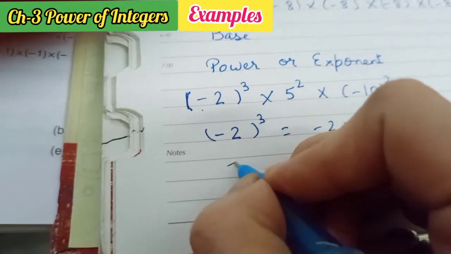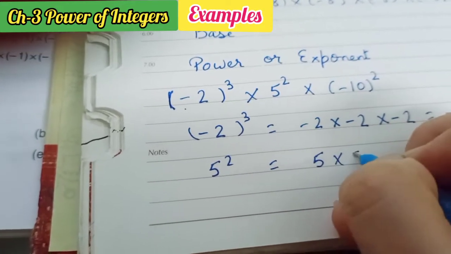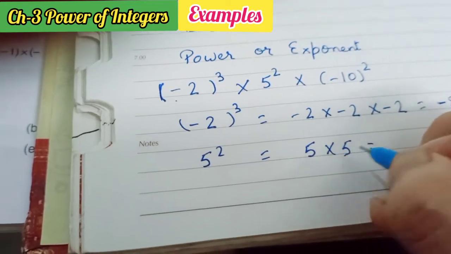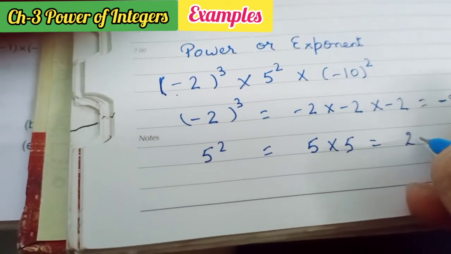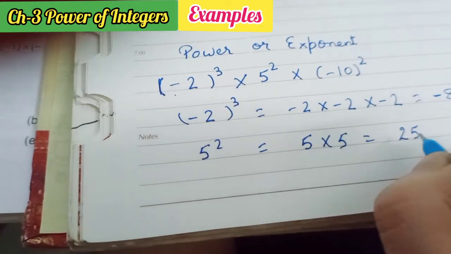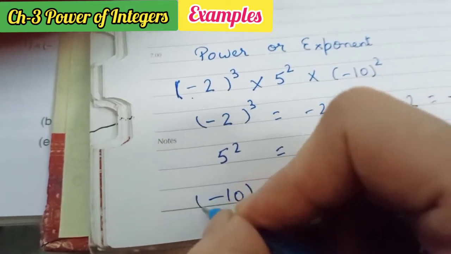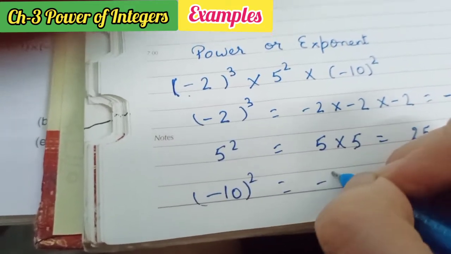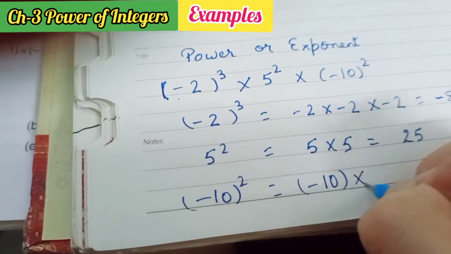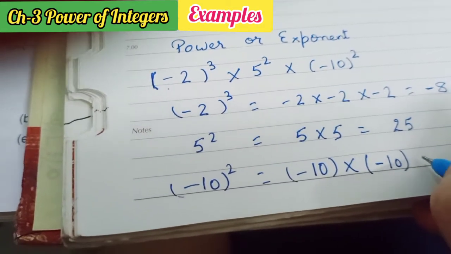Now 5 raised to power 2. Solve this. This means 5 multiplied by 5, and then 5 5s are 25. Both signs are positive, so we will put positive sign. Minus 10 raised to power 2 means minus 10 multiplied by minus 10. 2 times minus 10 is multiplied.